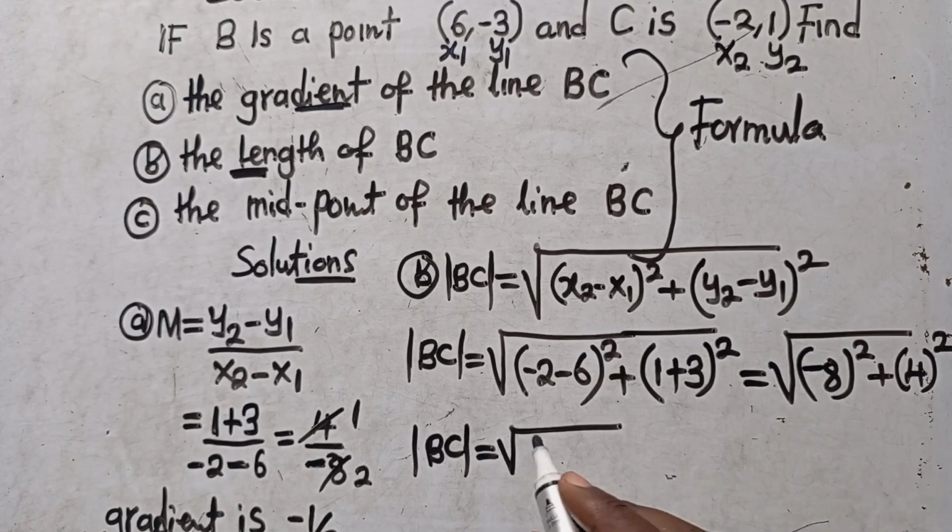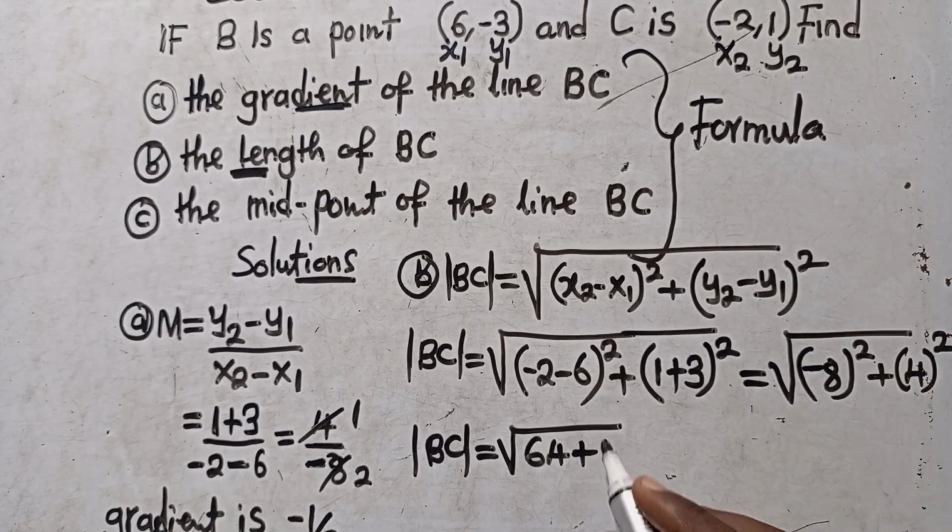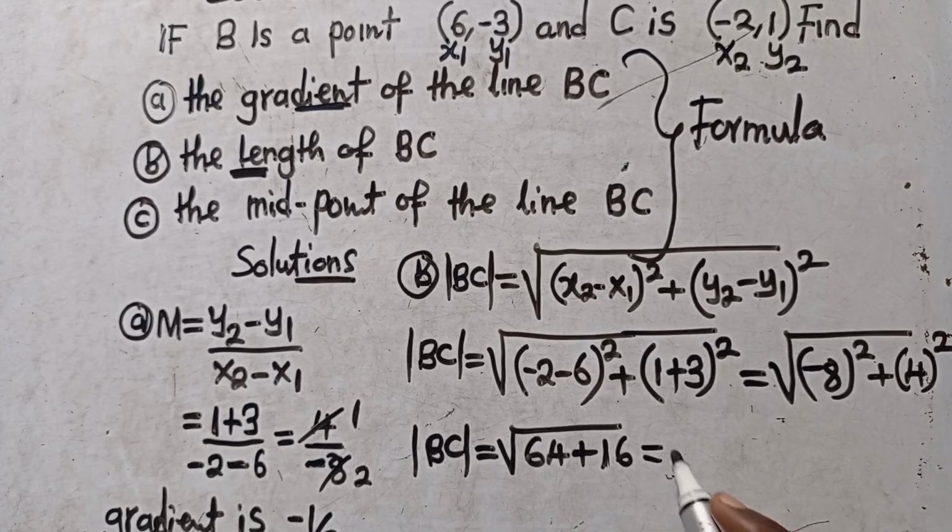That is 64 plus 16. What answer are we going to get when we add? So when we add here, you are just going to get 80. We've got 64 plus 16, we get 80.